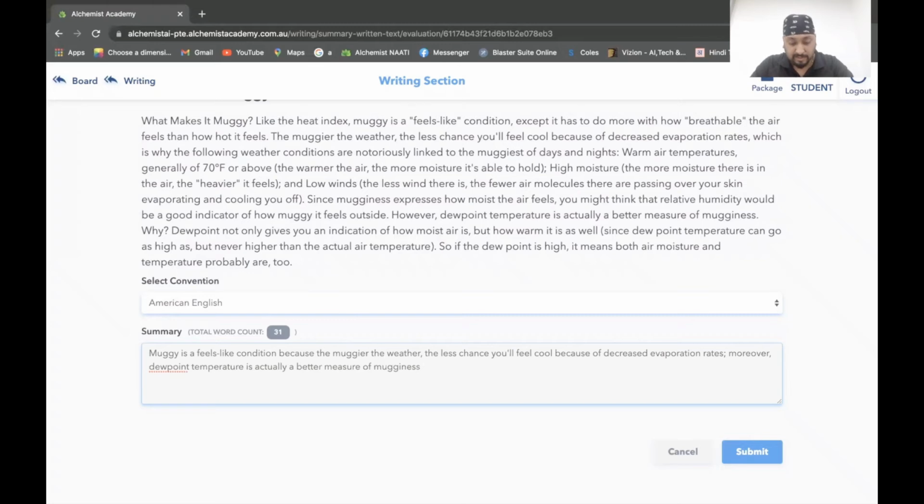Okay. Now, why is it a better measure of mugginess? The answer is given here.